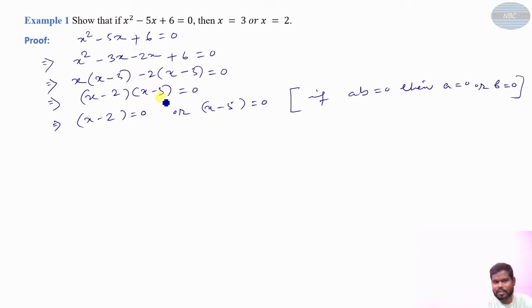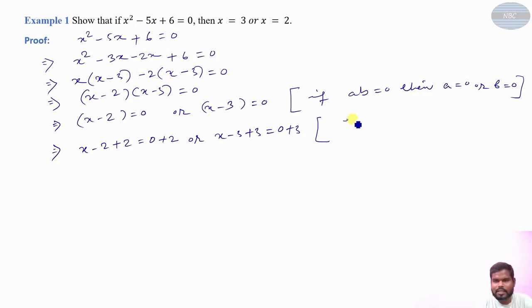From that we deduce that if x minus 2 times x minus 3 is equal to 0, then x minus 2 is equal to 0 or x minus 3 is equal to 0. Now it can be written as x minus 2 plus 2 is equal to 0 plus 2, or x minus 3 plus 3 is equal to 0 plus 3.